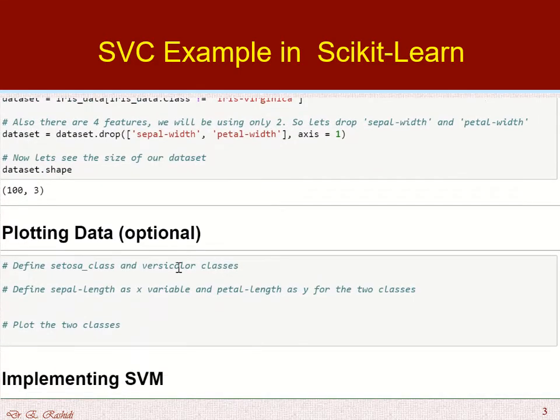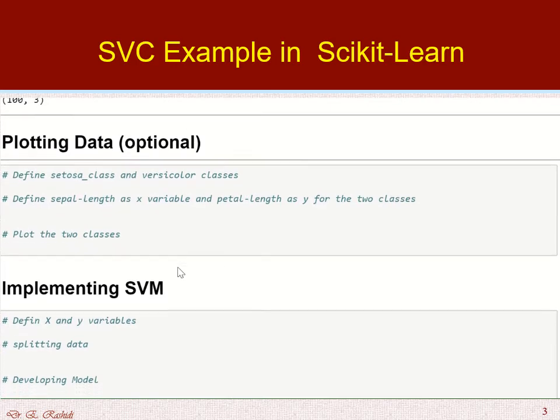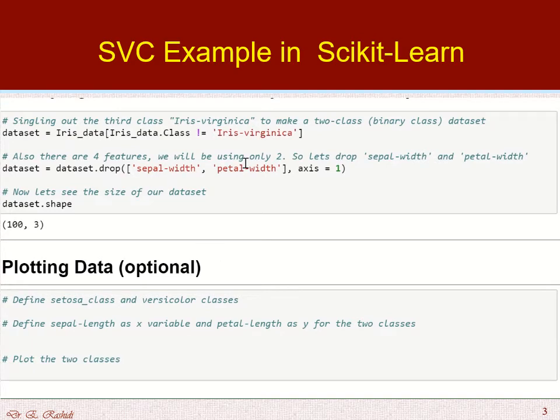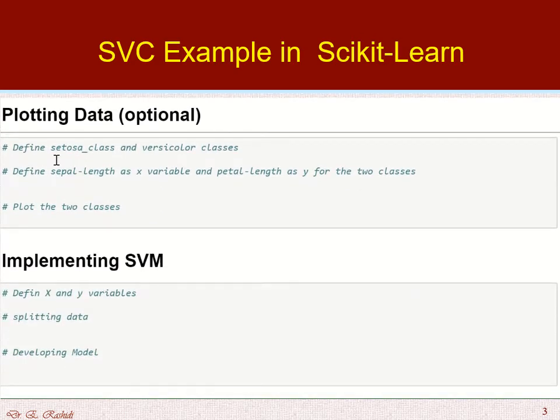All right, so let's now go for plotting. We want to plot our data. Now we have 2 classes and 2 feature variables, so we can plot our data. So what we're going to do is define the Setosa class and versicolor classes.